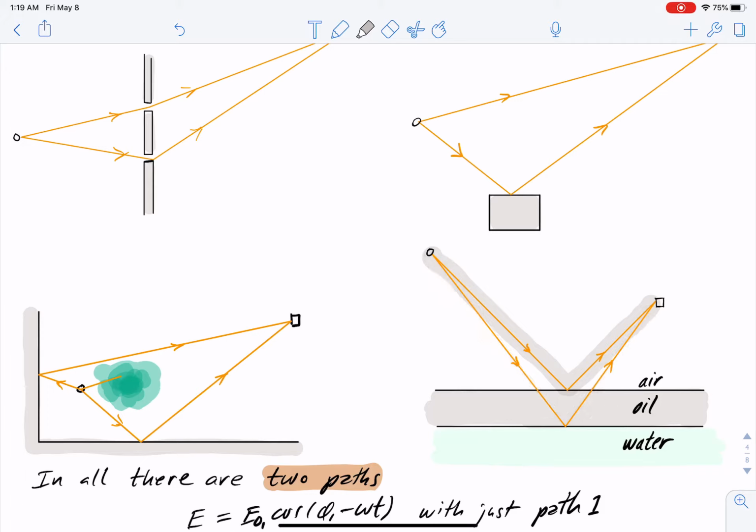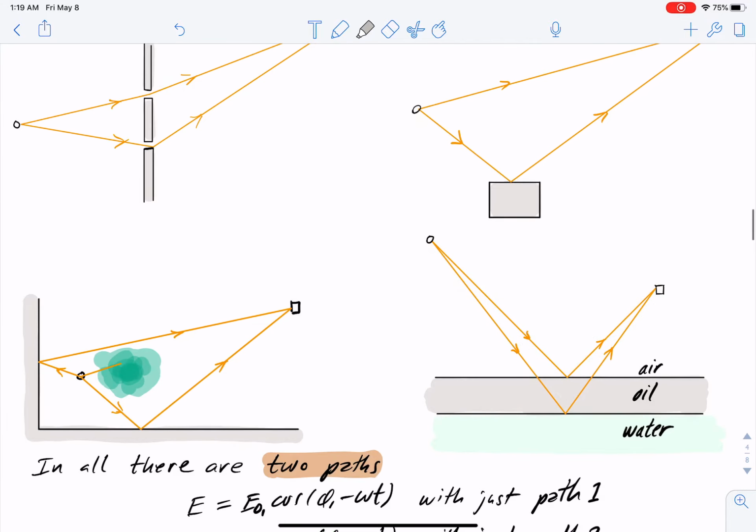So all of these have that same effect. In the end, it's sort of like having two point sources. There are two waves that come together at the observation point.